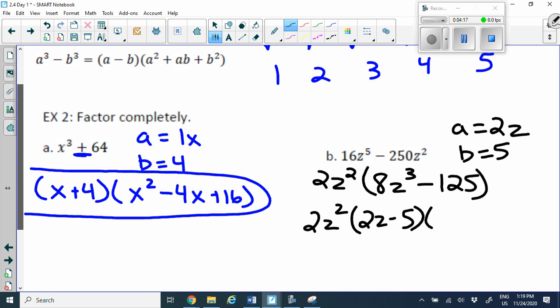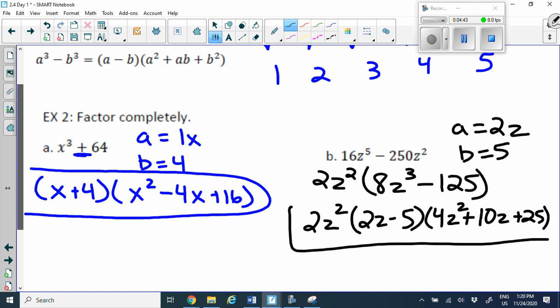Now we have a squared. Be careful here: not only are you going to square the z, but you have to square the 2 as well, so we have 4z squared. Be careful when you have an a value other than 1, because you have to square that as well. Then a times b gives us 10z, and b squared, 5 squared, is plus 25. Also be careful with your signs. So follow the formula, and here's our final factorization.